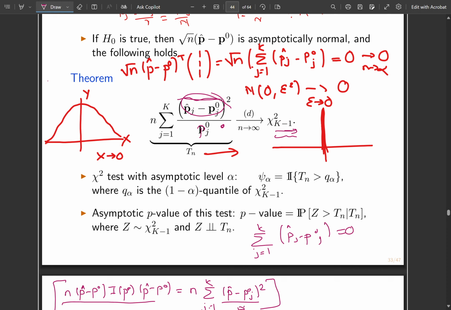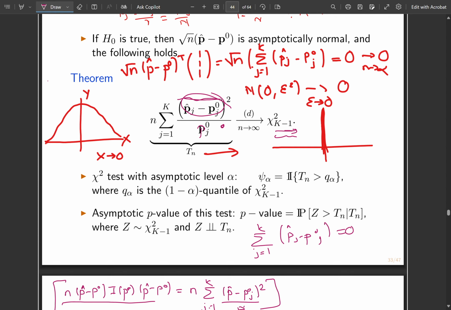And so there is still a way to do it much better than the other one. So this is a chi-square test with k minus 1 degrees of freedom, and here the p-value is the probability that the chi-square distribution with k minus 1 degrees of freedom exceeds the observed test statistic.